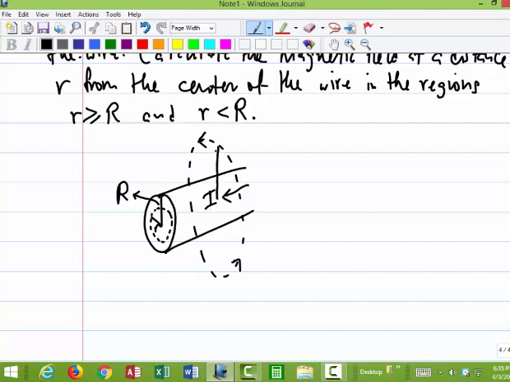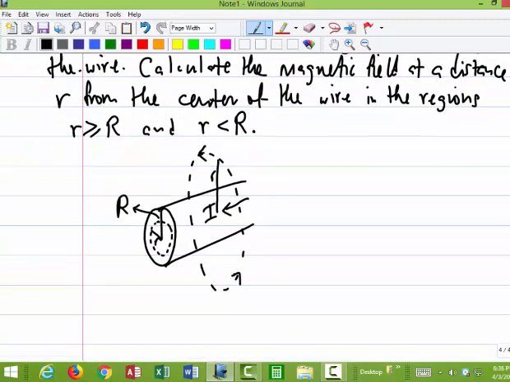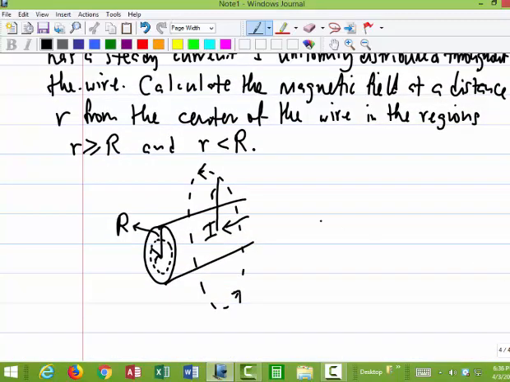So the question is to find the magnetic field in the two regions: r greater than or equal to uppercase R, which is this region out here, and r less than uppercase R, which is this region in here.